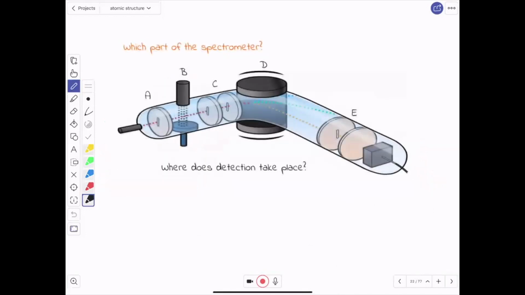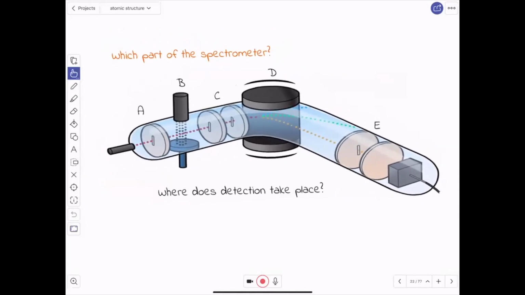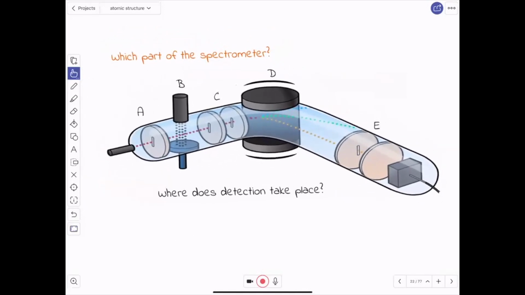All right, so I have the parts of the mass spectrometer with the letters, and you guys need to determine what letter is for what job. So detection occurs at which letter? E. That is E, it's here.